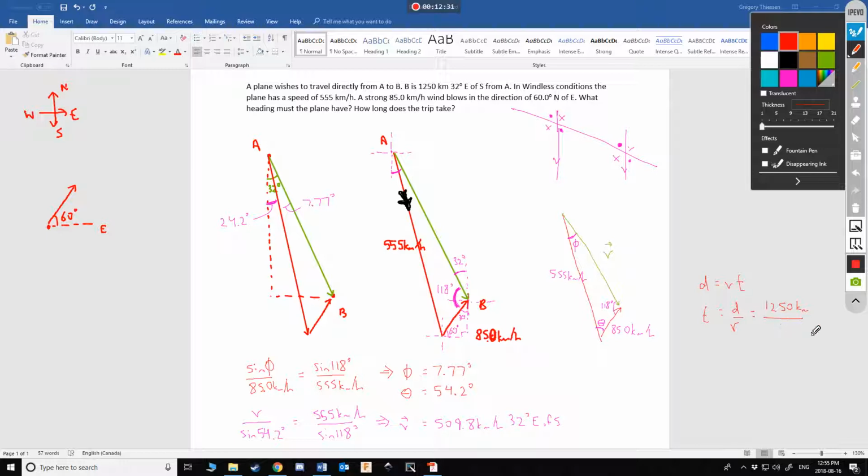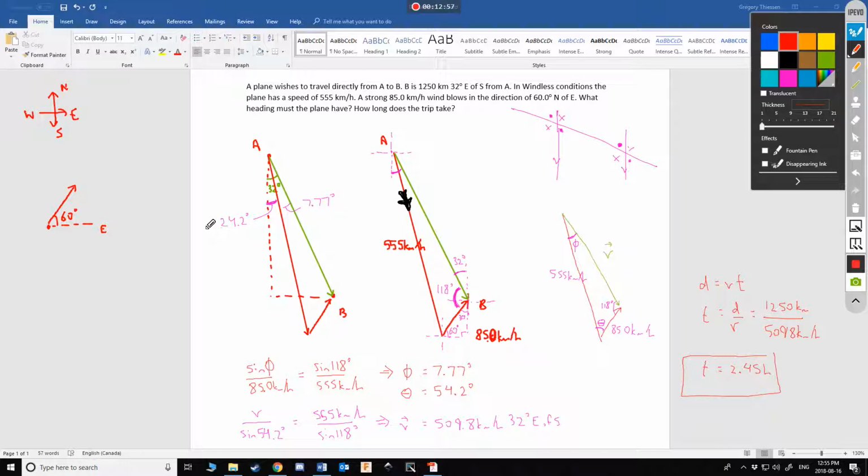So 1250 kilometers divided by 509.8 kilometers per hour. Now you can see that's going to take a total of 2.45 hours. So our final answer time is 2.45.